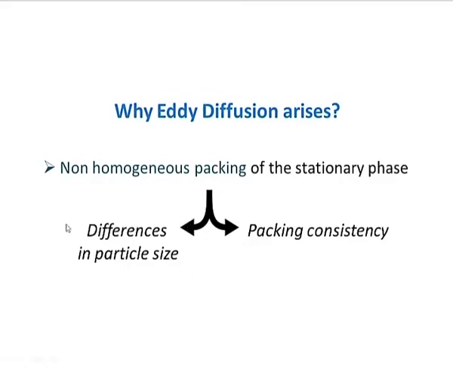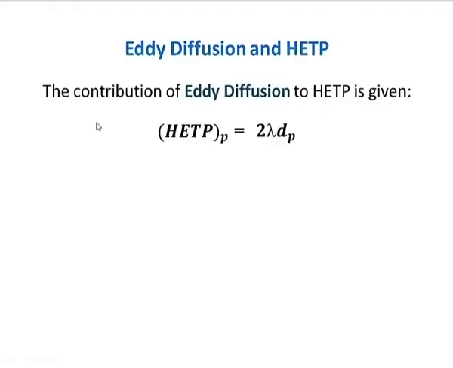It means the particles are of different sizes inside the stationary phase, and that creates this inhomogeneity in packing and creating those multiple paths. Now, this eddy diffusion and its contribution to plate height is given by this expression.